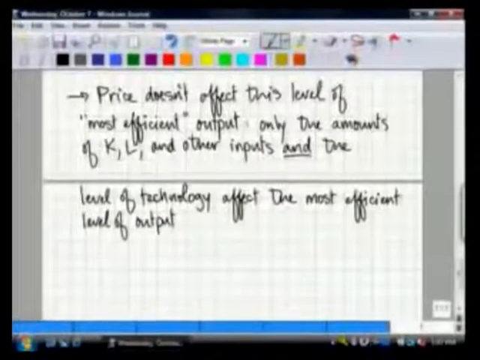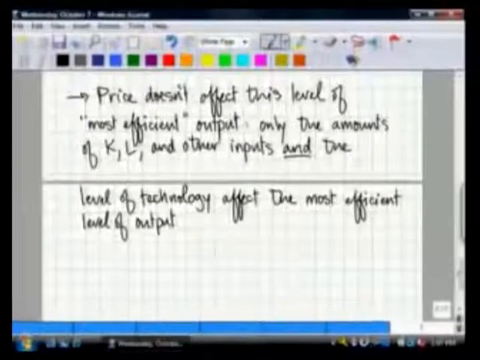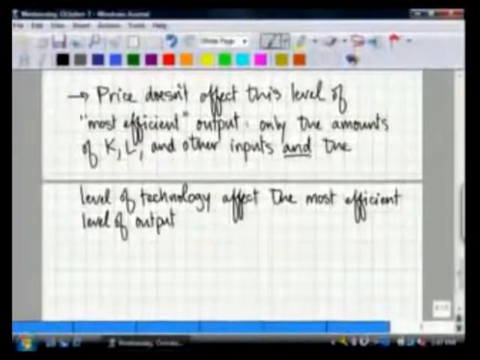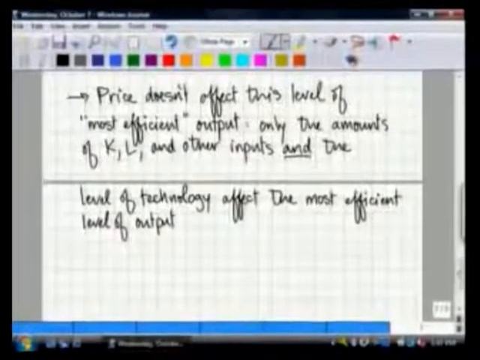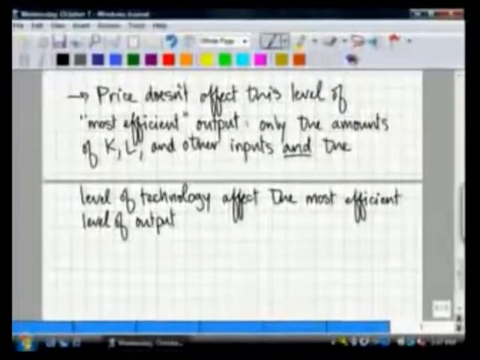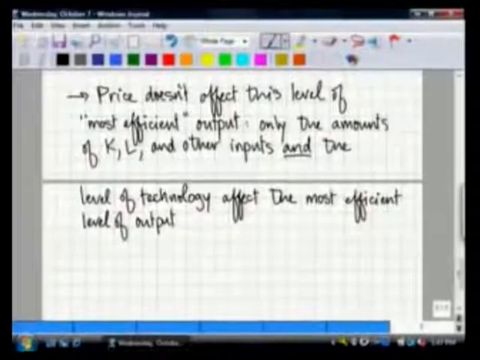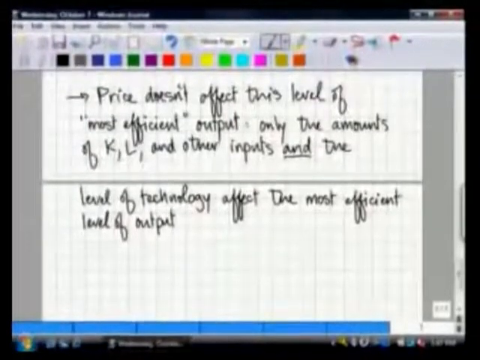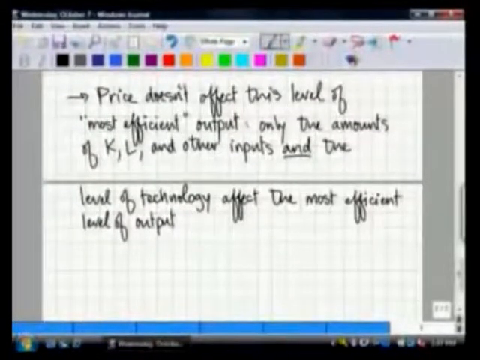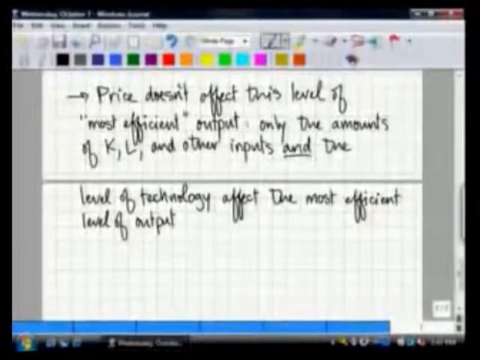So price doesn't matter. In the long run, the things that matter are, again, like in the micro case, where we said the supply conditions of production determine the price level. In the aggregate case, the conditions of production in the long run determine what the output level is, and something else determines the price.